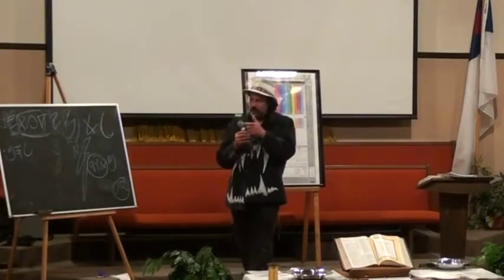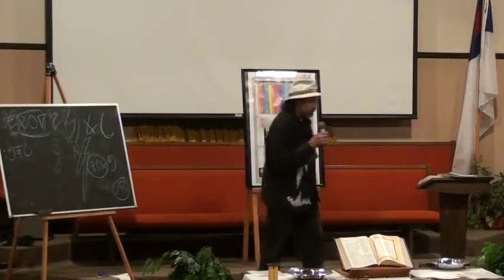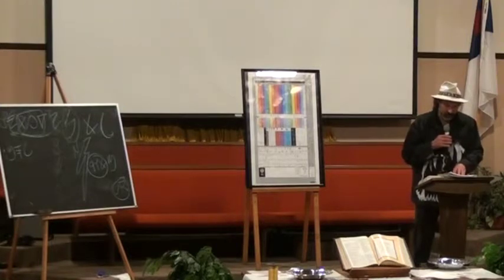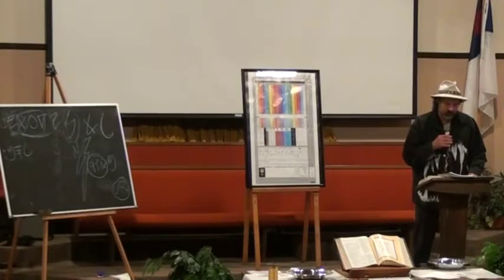But if we simply leave it as saying we're supposed to worship Elohim, chapter 22, verse 1 talks about the throne of Elohim and the Lamb. Verse 3, his servants shall serve him. Revelation 22, verse 4, and they shall see his face, and his name shall be on their foreheads.